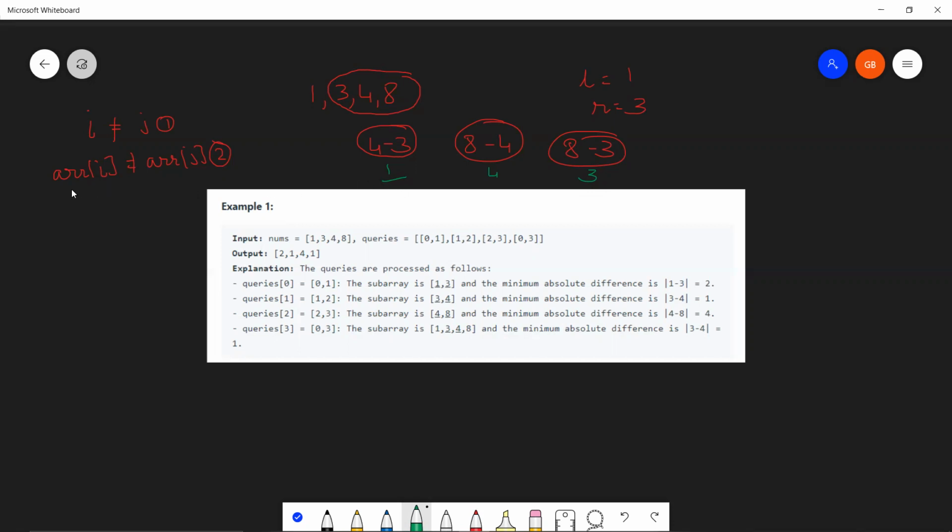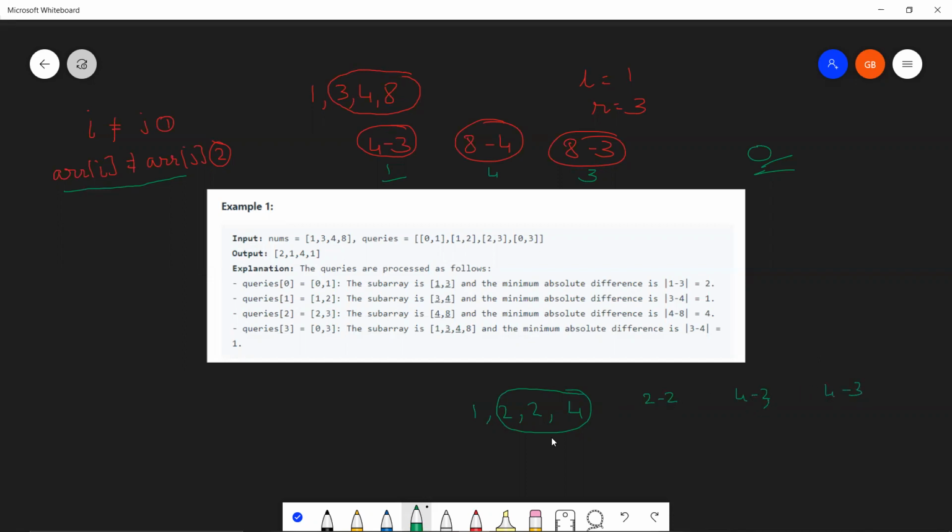I said that arr[i] and arr[j] cannot be the same because in the problem statement, it is given to us that if the minimum absolute difference is coming out to be 0, don't consider it. What this means is that if your array is 1, 2, 2, 4, and the range that we need to consider over here is this, one possibility is 2 minus 2, another is 4 minus 2, and another is again 4 minus 2.